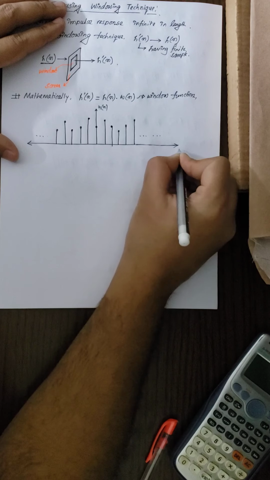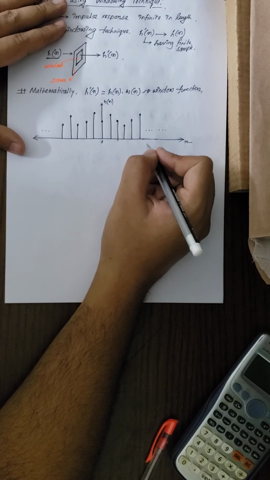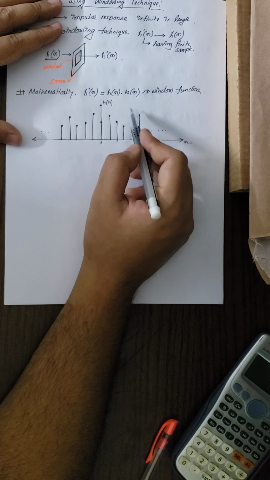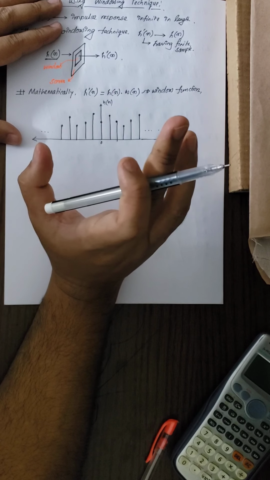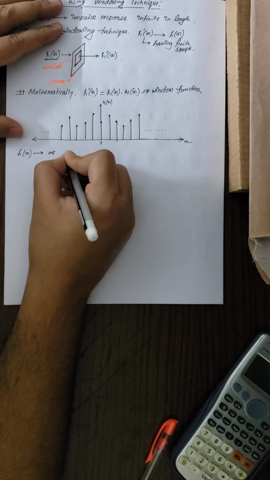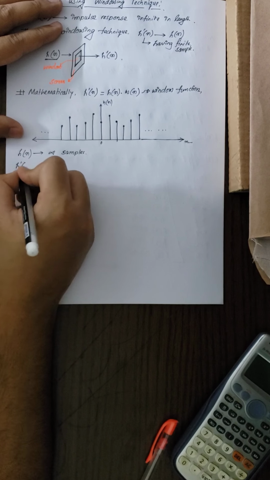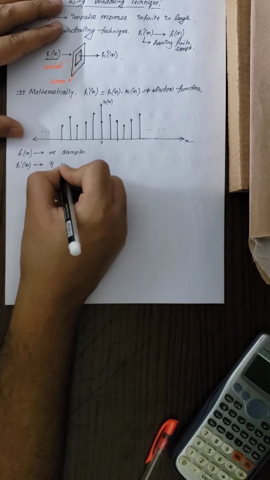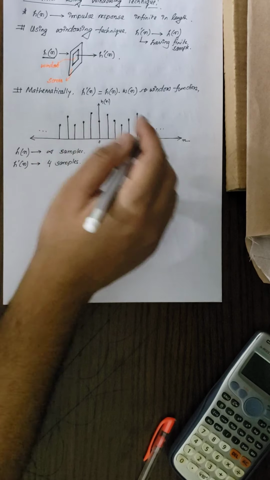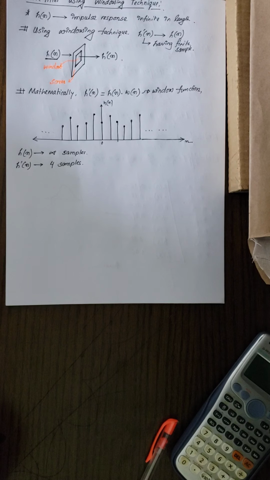This is our h of n. This goes from 0 to n. So now our task is to limit using a window and take only 4 samples. So h of n has infinite number of samples. So in our case, h prime of n will have 4 samples, since we have defined that the number of samples in h prime of n or the output impulse response should be 4 samples.